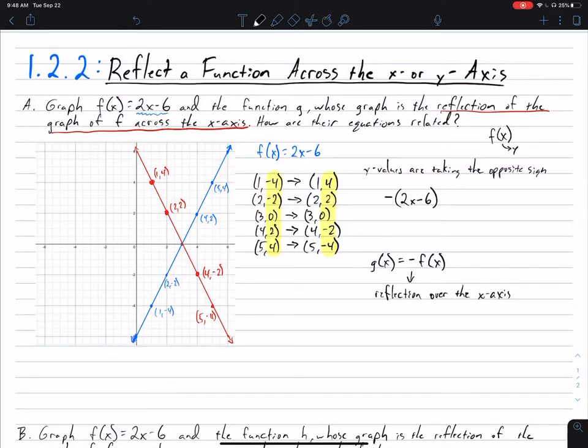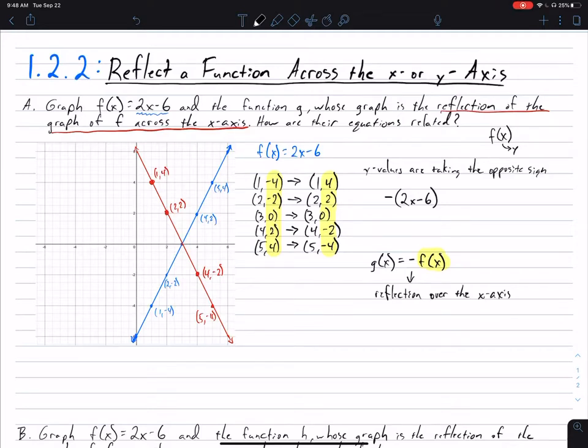That means the result of the entire function, this function f of x, is becoming the opposite, it's becoming negative. So one more time, for a reflection over the x-axis, you want to take the entire function and make it negative. That's going to give you the reflection that you're looking for.